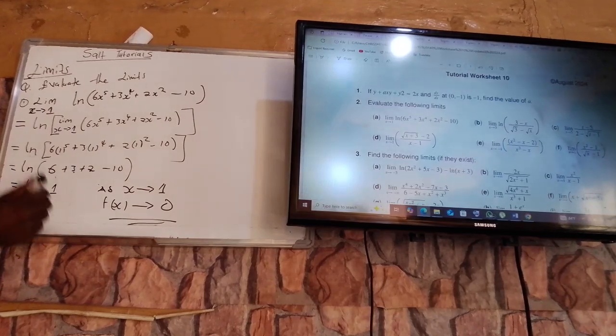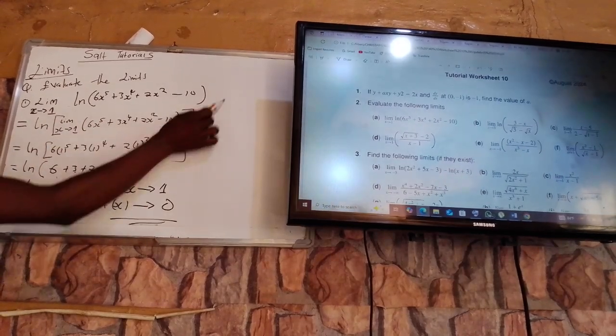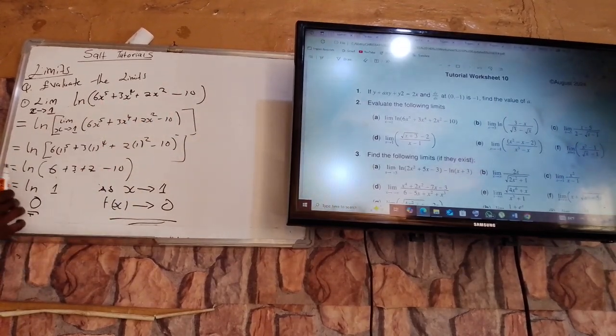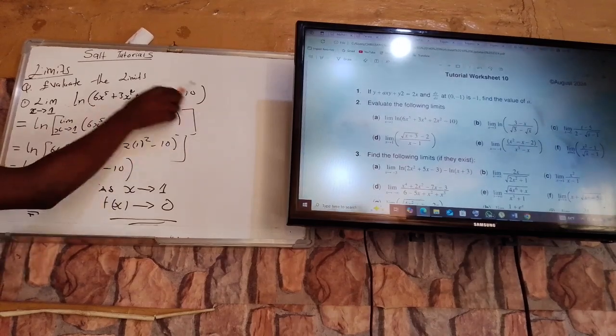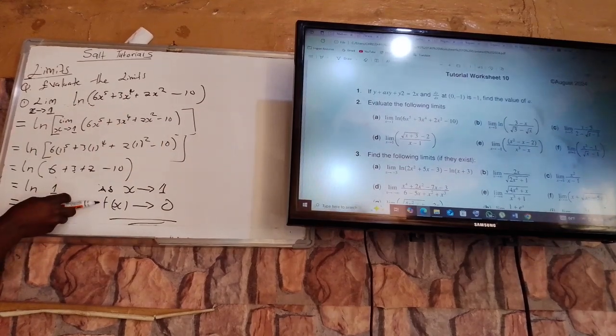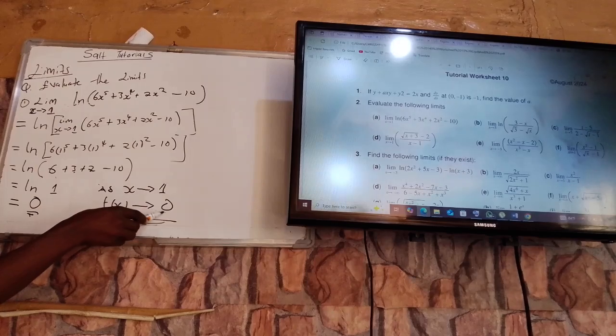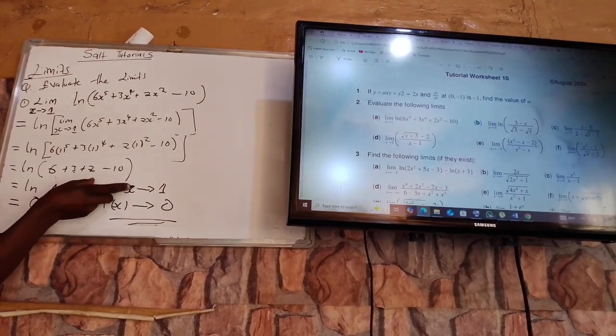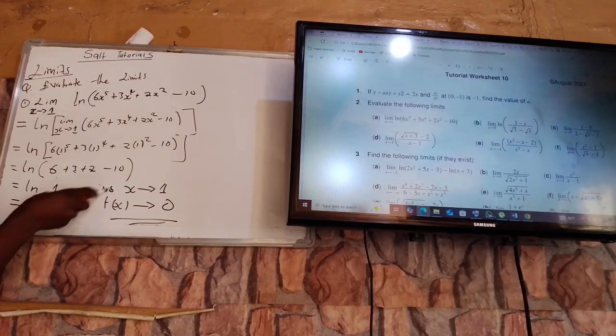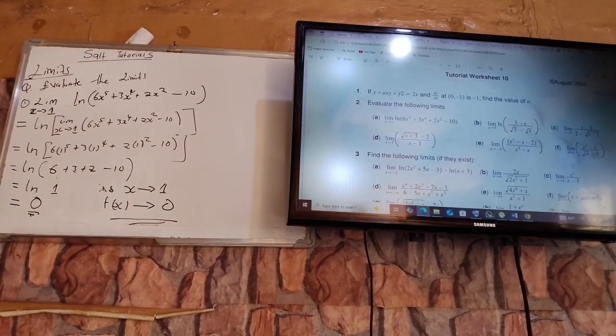So as you are looking for coordinates, even with your graph, this graph was sketched. As we are trying to locate x equal to 1 in that function, the y values will be approaching a 0. So if x is equal to 1, then we are trying to approach x equal to 1. Then the whole function f of x will approach what? Will approach a 0. That's what we mean.